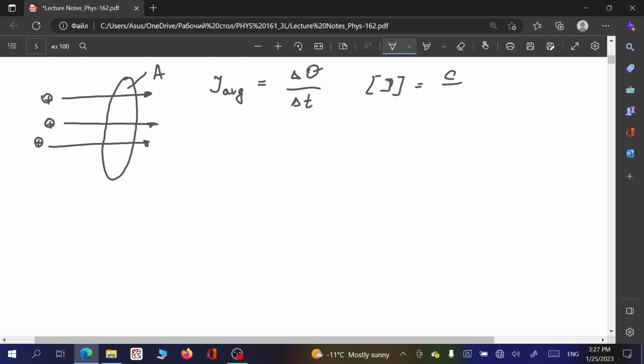And now the units for electric current. These are coulomb per second, and for that we have a special unit which is ampere, A. So 1 ampere means that we have a transfer of 1 coulomb per 1 second through some given surface.